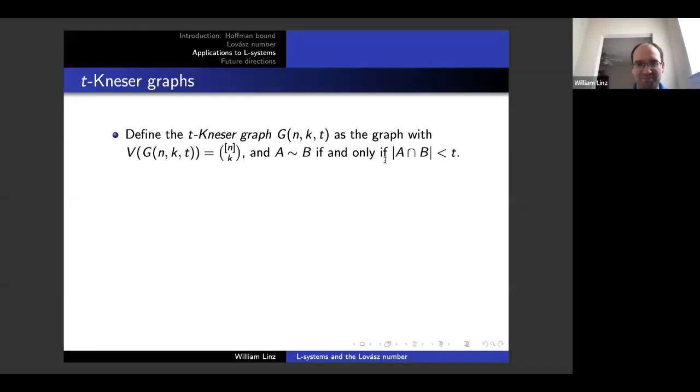You can do this perfectly fine, figure out what its eigenvalues are, run through the computation, and then you'll get some bound from the Hoffman bound. The problem, though, is that just using the Hoffman bound for the adjacency matrix won't give you a tight upper bound.